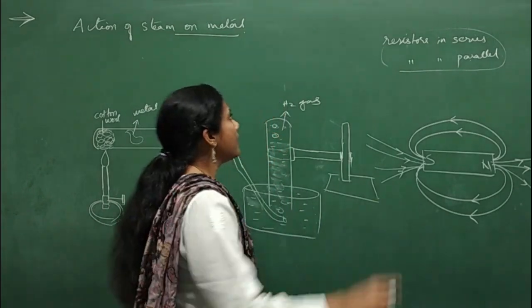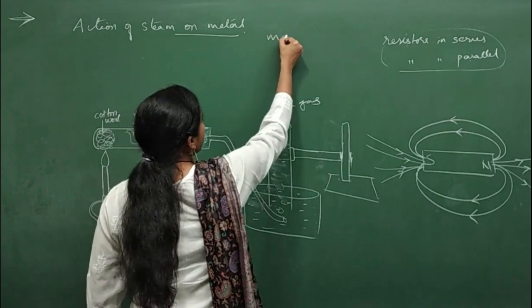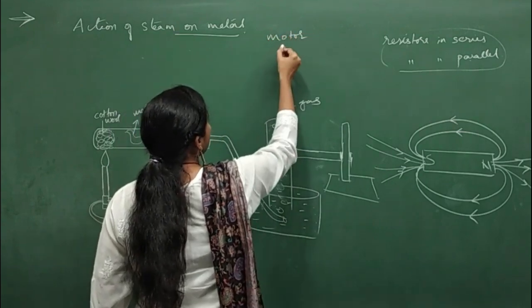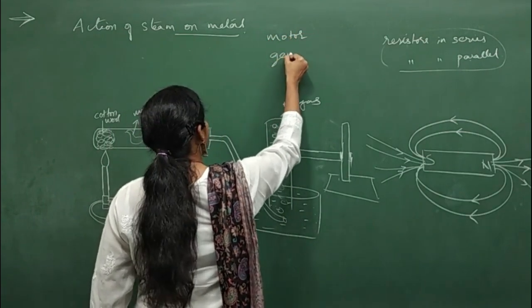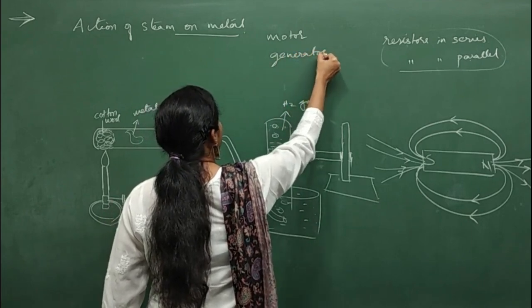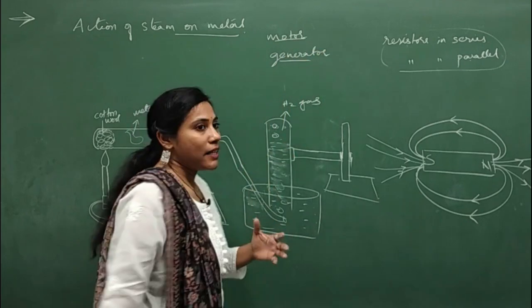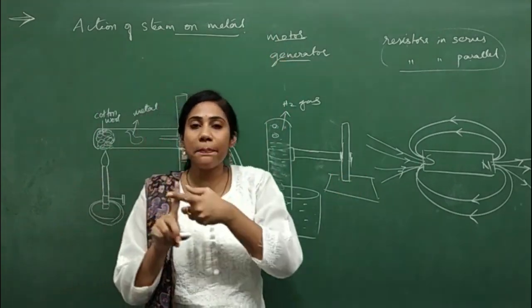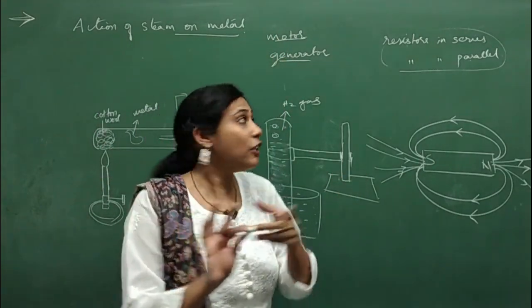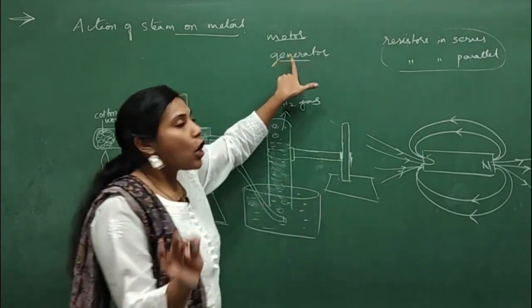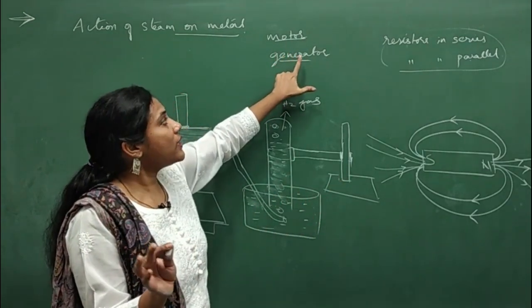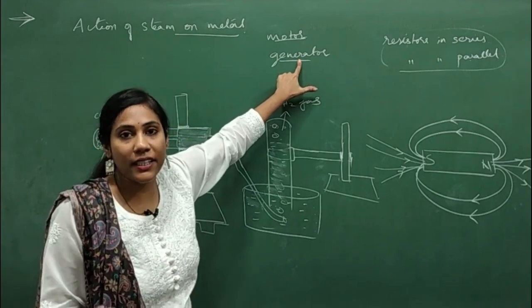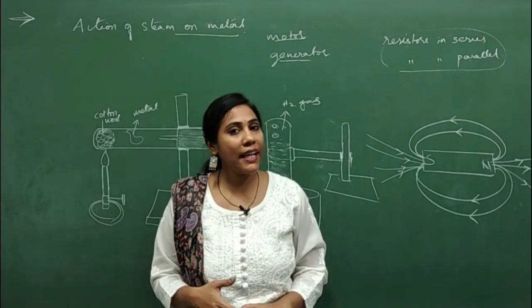Apart from this, they'll ask you electric motor and generator, which is nothing but dynamo. A 3-mark question or 4-mark question can be asked on this. They would ask you the principle, construction and working of an electric motor, or the principle, construction and working of an electric generator. That's all about the diagram part.